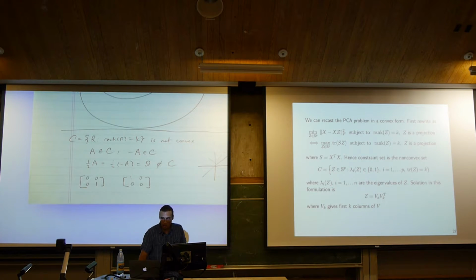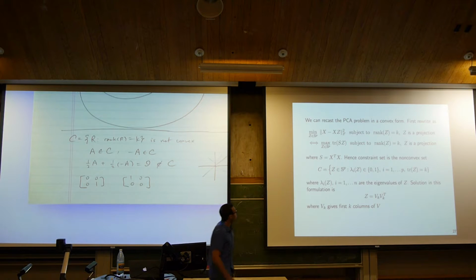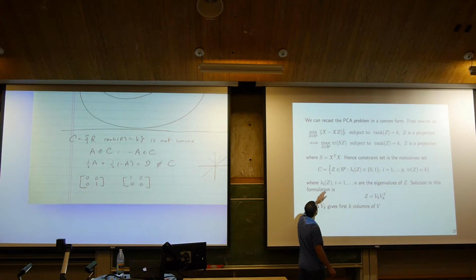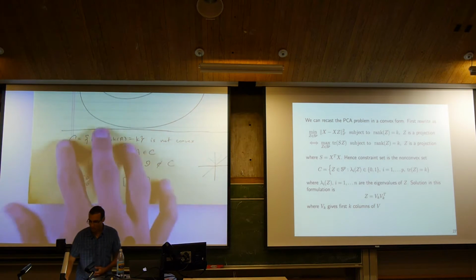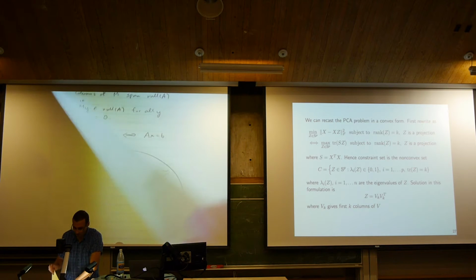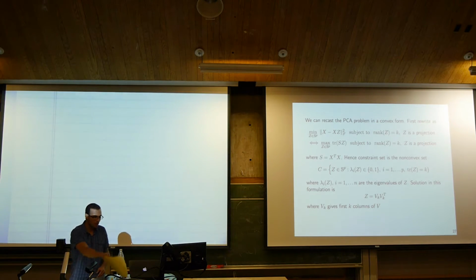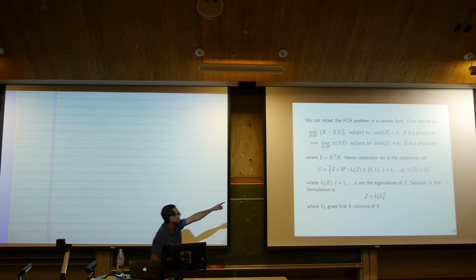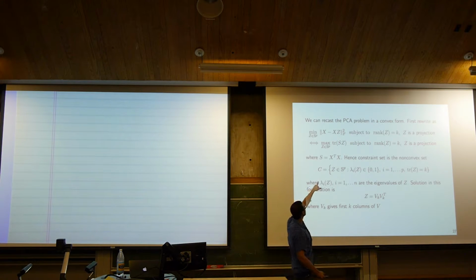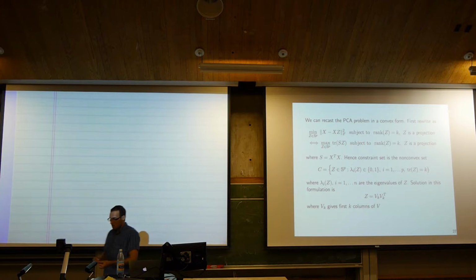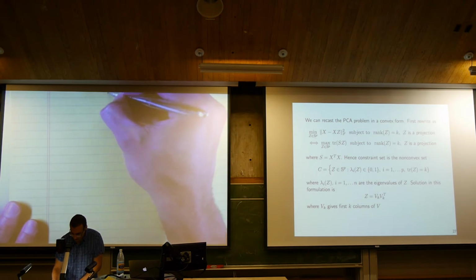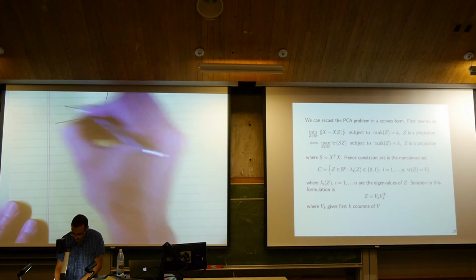Now we're going to learn that we can recast this in a convex form by replacing C with a bigger set that's convex. Okay, C is not a convex constraint set. We're trying to maximize that function, which is actually just a linear function of our optimization variable, right? The max of the trace of S and Z is just a linear function of Z. But we're optimizing it over some very spiky constraint set.